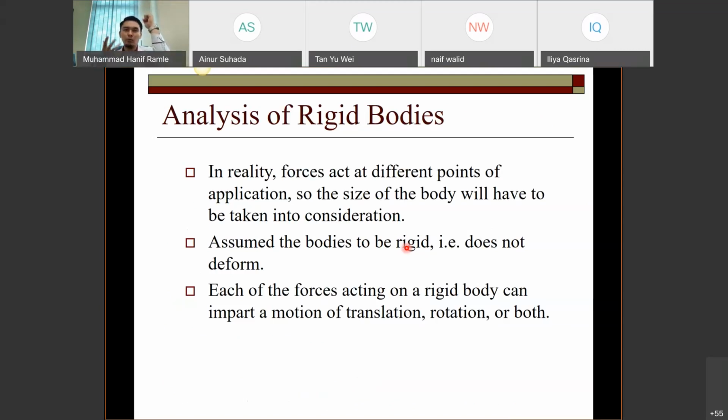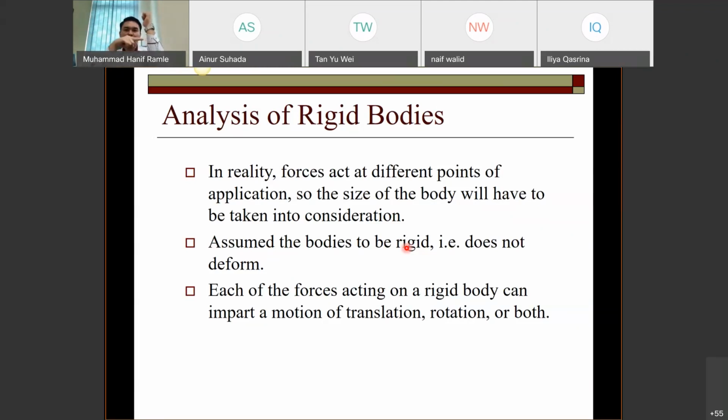We can imagine the internal forces acting throughout the hand. The forces can be from the muscle, from the weight, from the ligament, and so on.